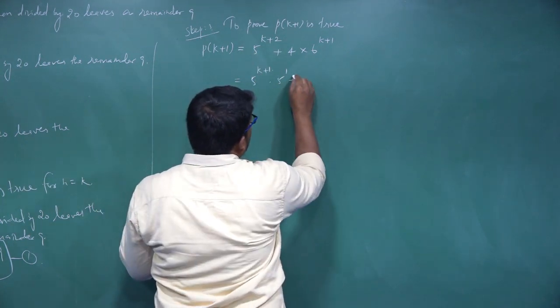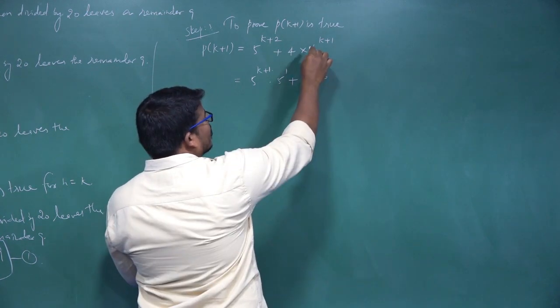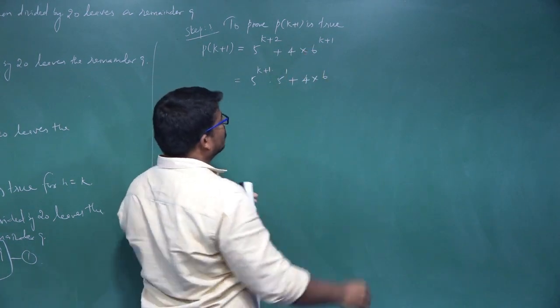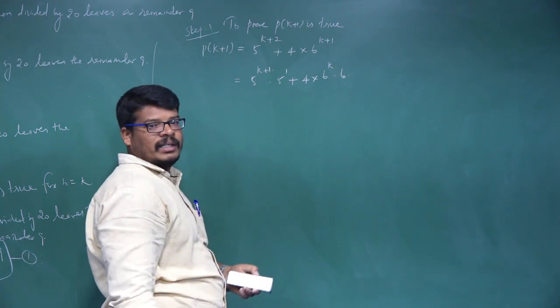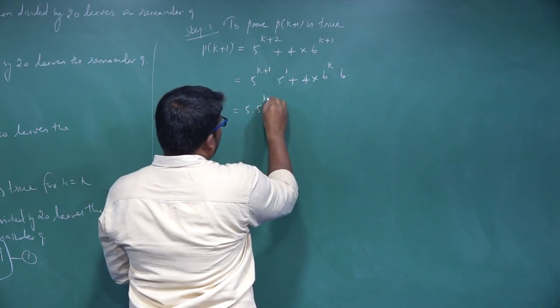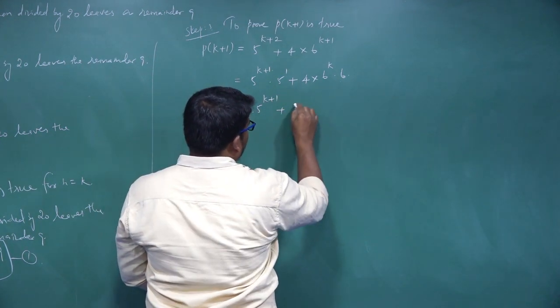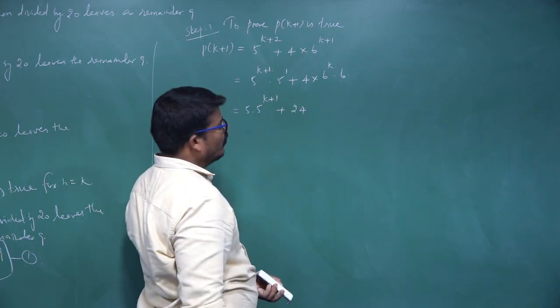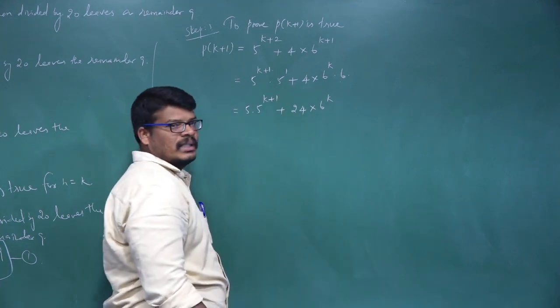Plus 4 into 6 power k plus 1, and split 6 power k plus 1 as 6 power k into 6. That is equal to 5 into 5 power k plus 1, plus 6 fours are 24 into 6 power k.